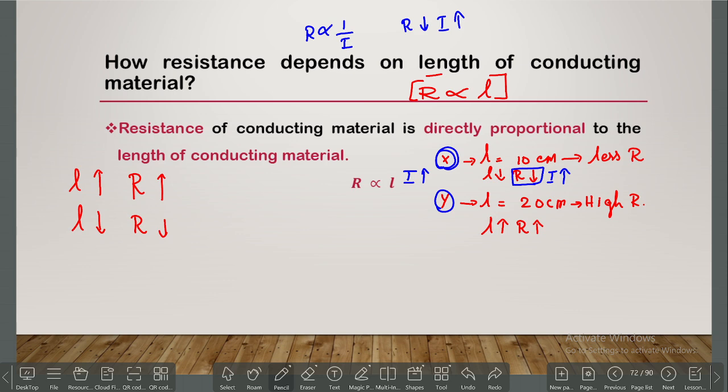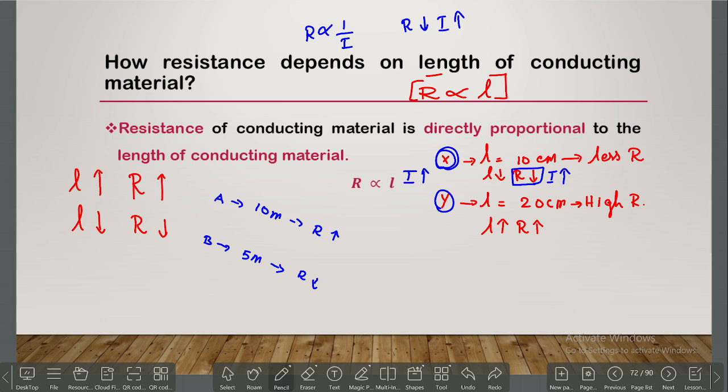Let's take one more example. Let's take two wires, A and B. The length of wire A is 10 meter and the length of wire B is 5 meter. In these two conductors, which offers more resistance, A or B? Conductor A, the resistance will be high, whereas in conductor B, the resistance will be low.